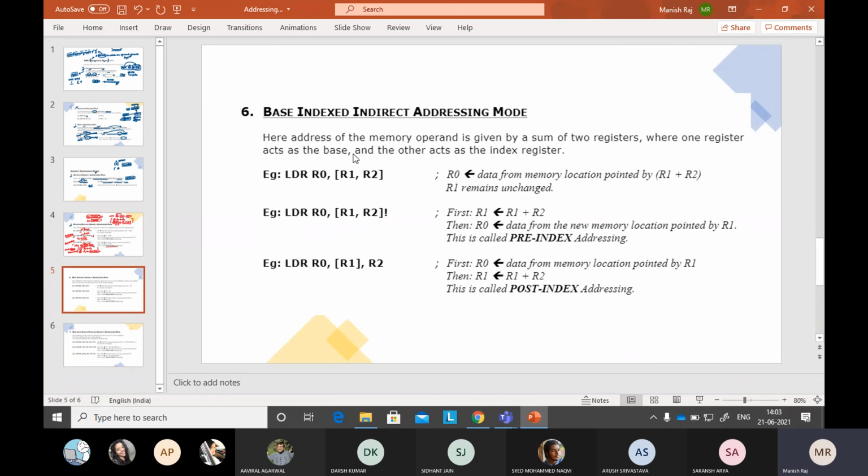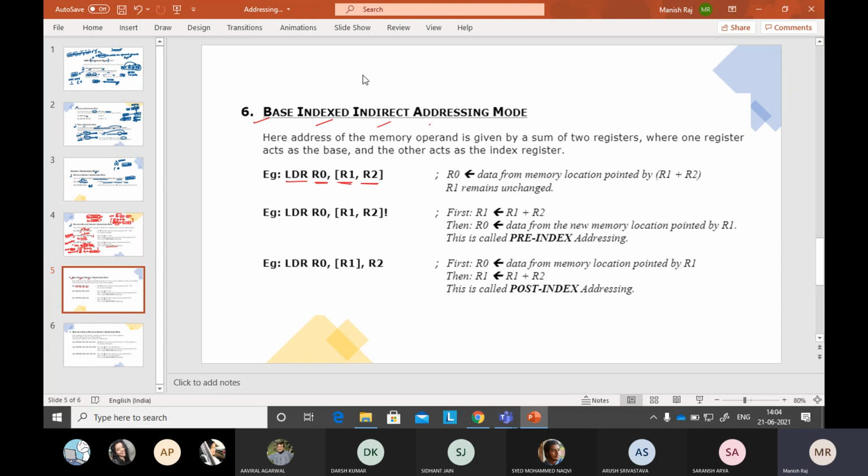So again the sixth mode is base indexed indirect addressing mode. Please understand, there is a little difference between the last one and this one. Here you can see LDR R0, till now the same. Here you can see R1 and R2. You are not writing the data, but you are writing R1 and R2.